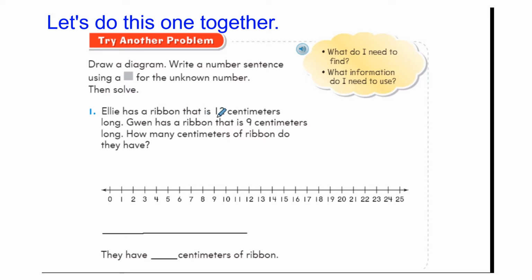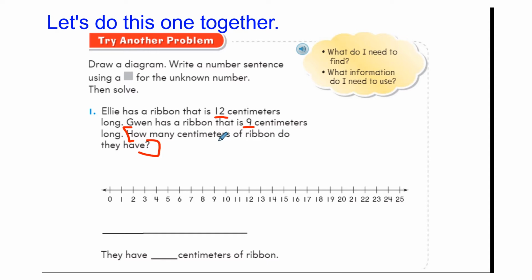Okay, so Ellie has ribbon that is 12 centimeters long, and Gwen has ribbon that is 9 centimeters long. What we have to figure out is how many centimeters of ribbon do they have all together?